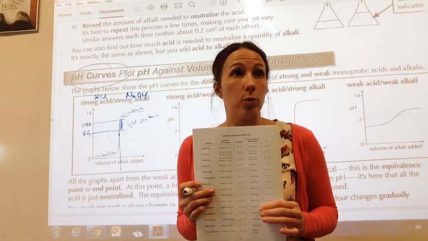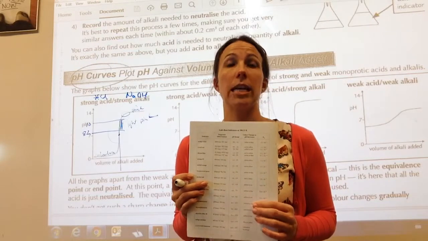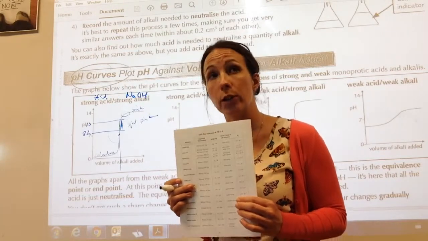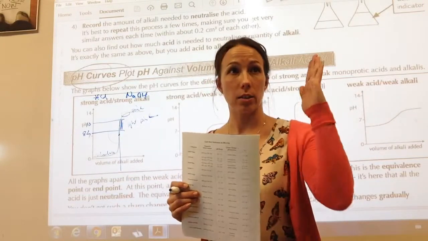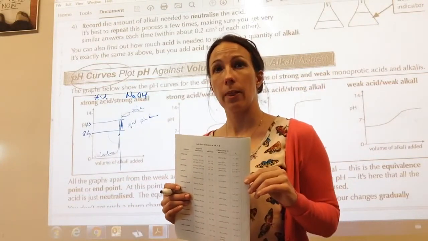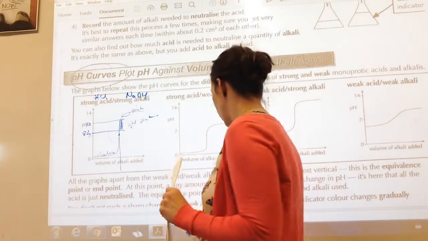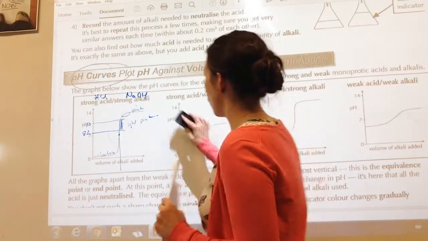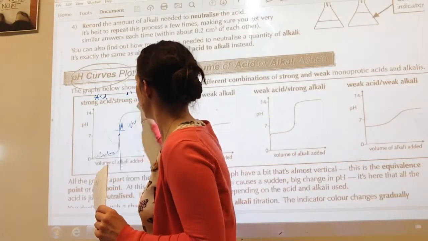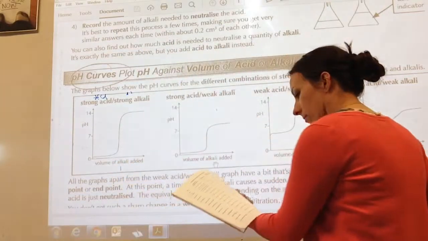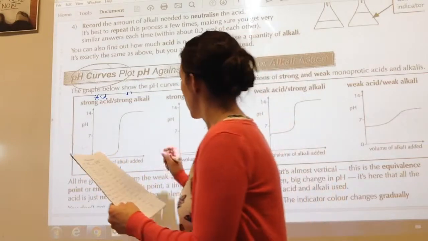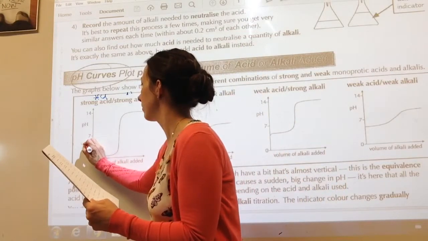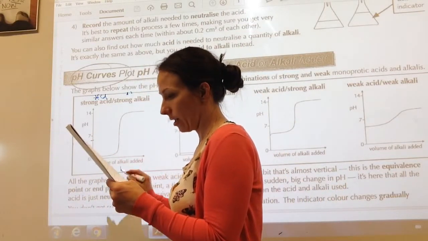Let's have a look at choosing a different indicator then. Is there another indicator that I could have picked that falls still in that endpoint vertical zone? How about phenol red? Let's look at phenol red. Okay? So phenol red changes from 6.6 to 8.